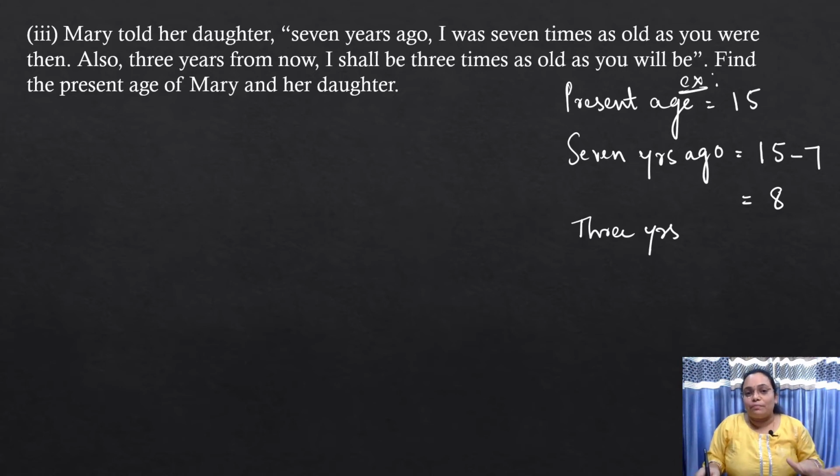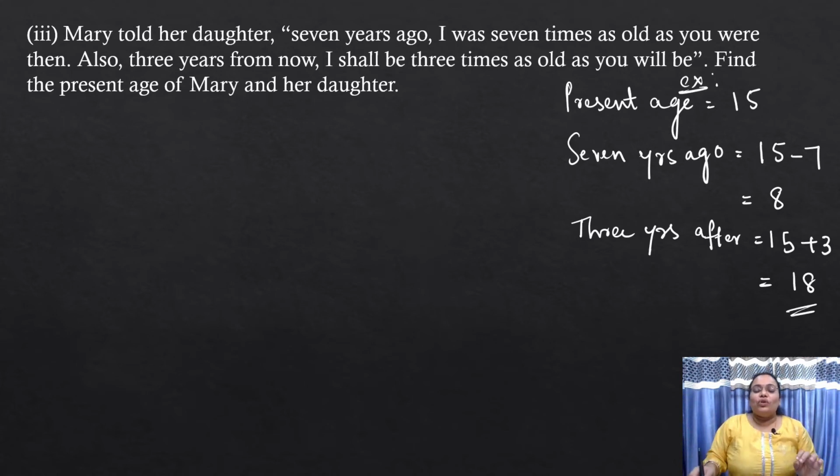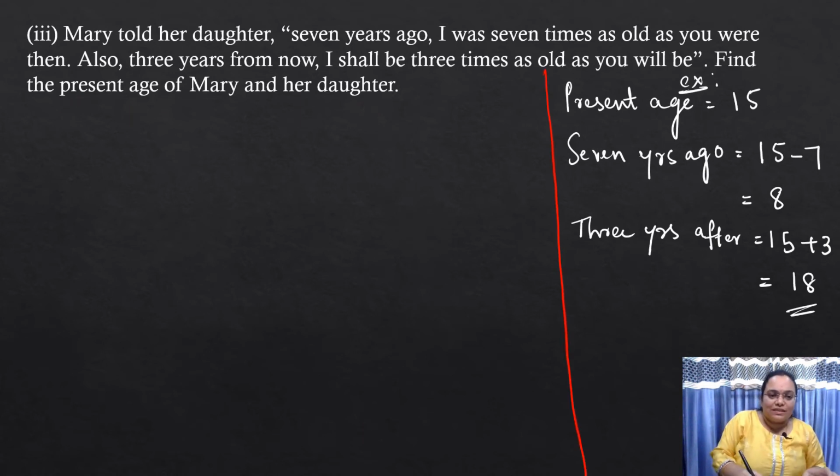3 years from now, we can take it as 3 years after. So how will you calculate this 3 years after? We'll take 15 plus 3, right? Which is 18 years, right? So in the same way, we will be solving this word problem, okay? Now let us solve this problem.